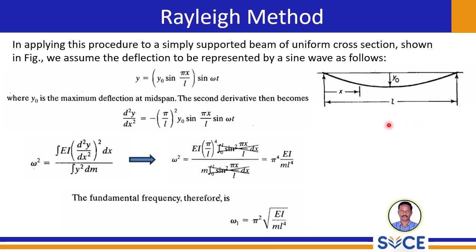This example illustrates how to use Rayleigh's method for continuous systems like this beam. It assumes a mode shape that satisfies the boundary conditions and resembles the expected vibration pattern. We can then effectively estimate the fundamental natural frequency using energy principles.